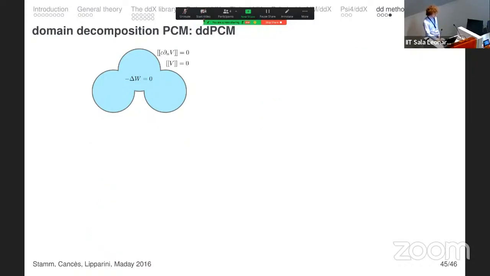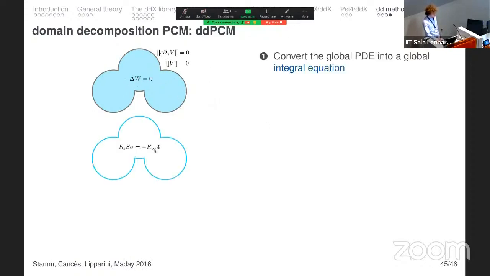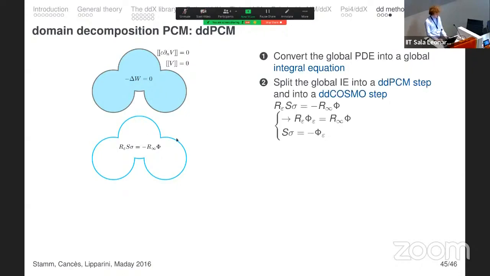And as another example, I reported the DPCM. Now we have, again, a partial differential equation with jump condition. So what we do here is convert it to a global integral equation. This is the integral equation formalism equation. And then this can be split in two steps. One is a novel step, and the other one is, again, a Cosmo-like step.